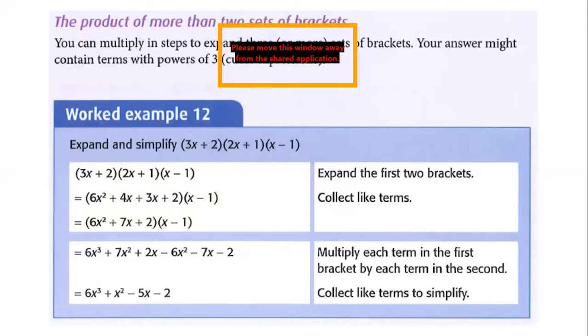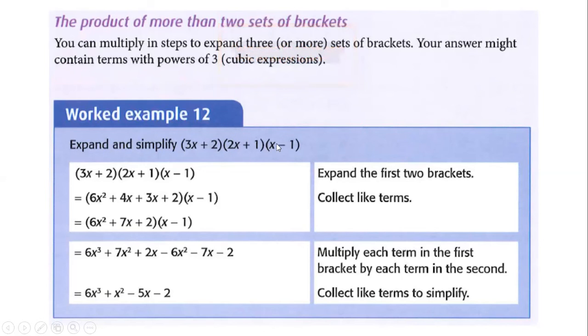You will have an x cubed. But it's not a problem. When you multiply two of them, as you will get a quadratic, we will see this part in this chapter. Okay? So what you do is multiply the first two brackets, or if you want, you can multiply the second with the third, or change their places and multiply in different ways. No problem. Just start with two of them.